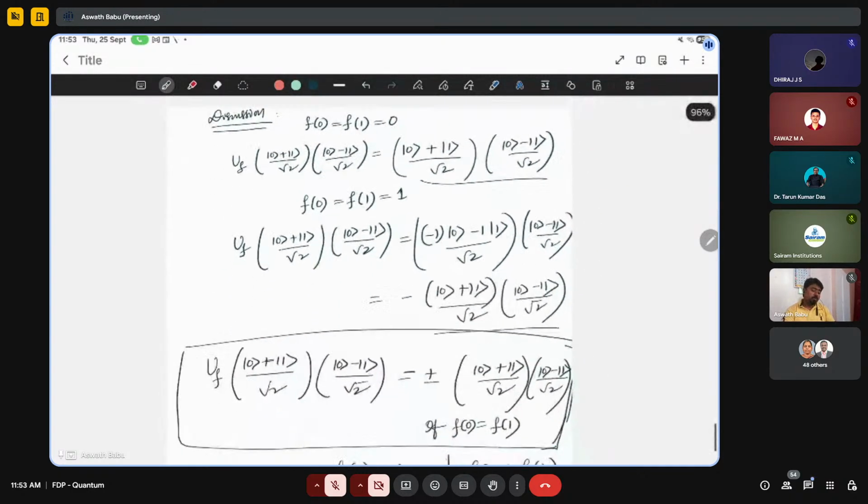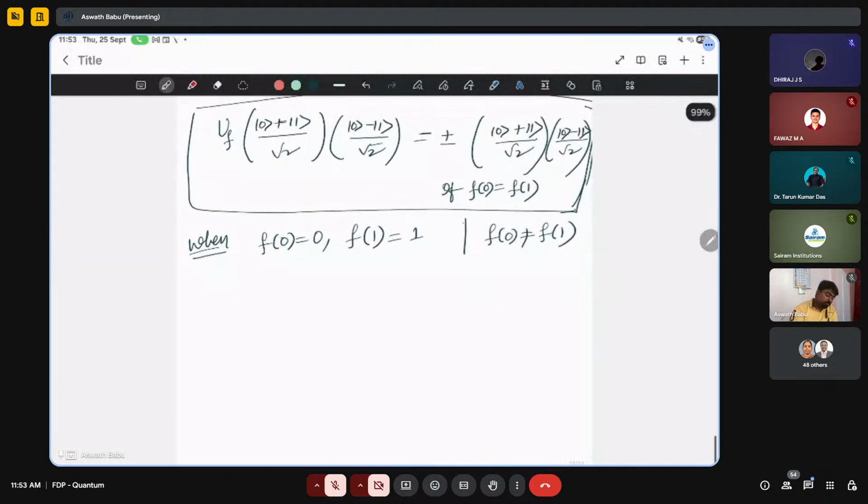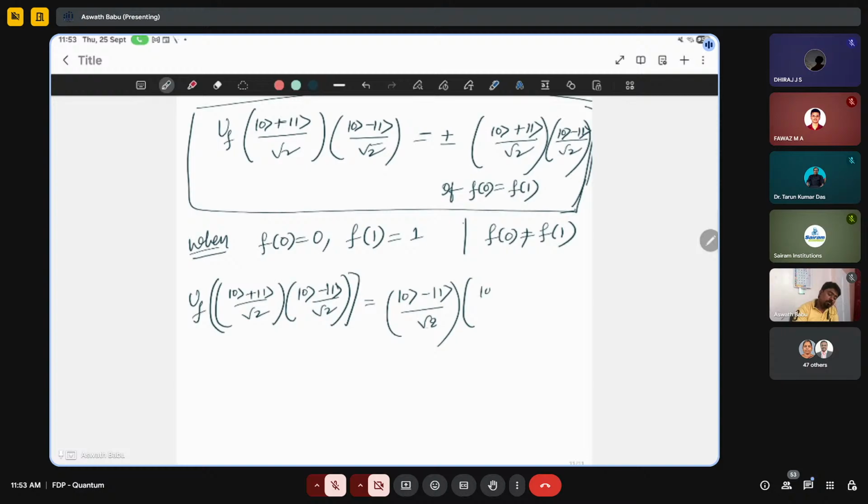From here you can find the unitary acting on the positive superposition with the negative superposition as the target. It is going to give you, let's say, (-1) to the power of 0, which is just 1, times |0>, and (-1) to the power of 1, which is minus 1, times |1>, divided by square root of 2, |0> minus |1> divided by square root of 2.